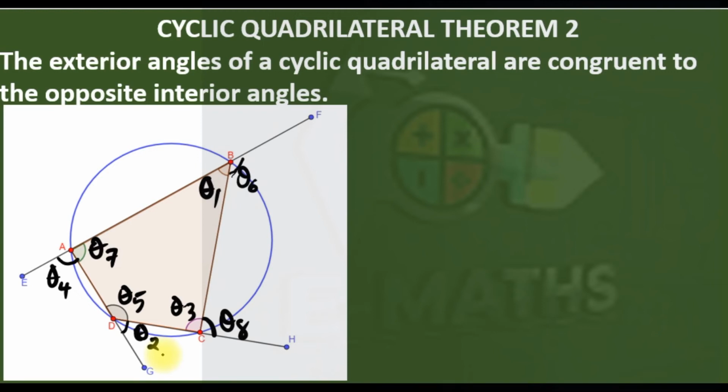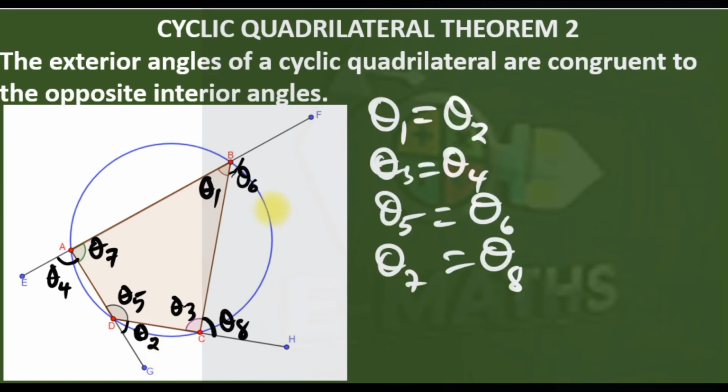So whenever you have a cyclic quadrilateral, once you extend to form an exterior angle, it's equal to the opposite interior. So you see this exterior equal to an opposite interior, which is theta 5. This interior theta 7 equals the exterior here. So that's it. So let's now prove this.